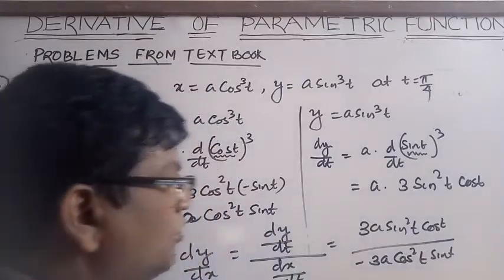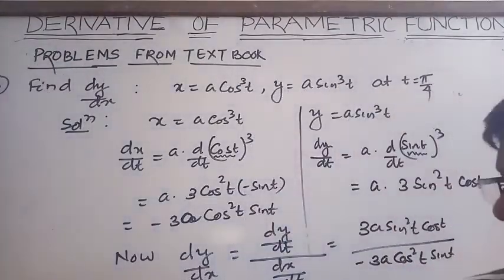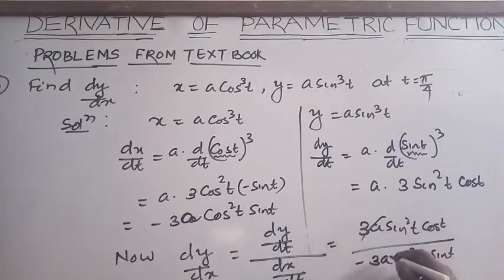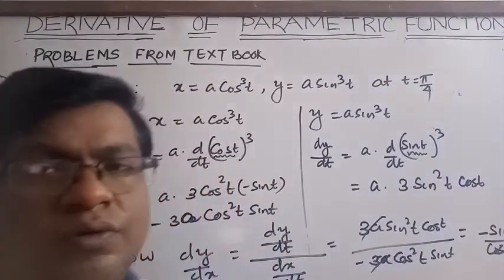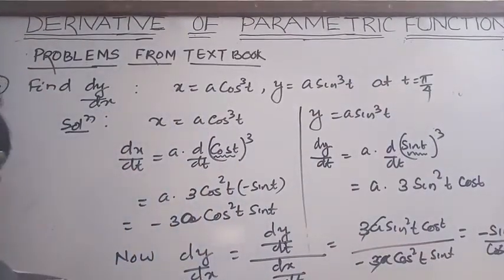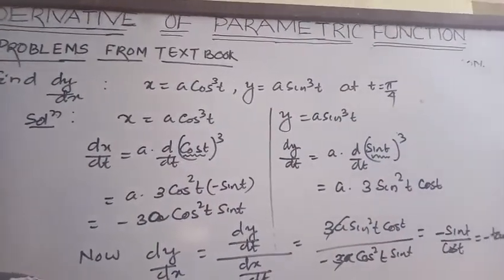So one sin cancels, one cos cancels, 3a cancels, and this is equal to minus sin t by cos t. So this is equal to minus tan t.